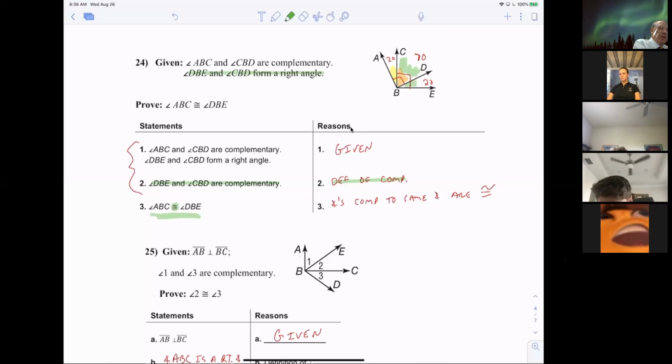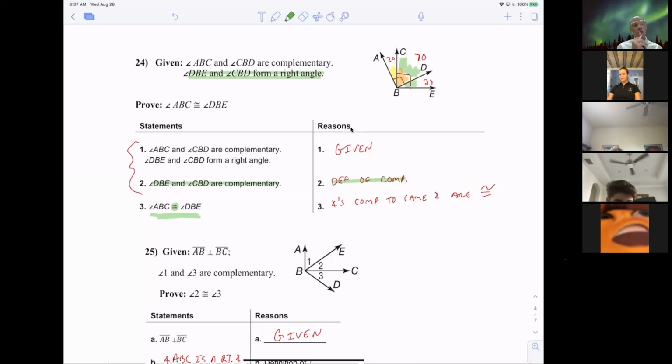These angles ADB, E and CBD form a right angle. Therefore, they are complementary. That's what complementary means: two angles that add up to 90 degrees.